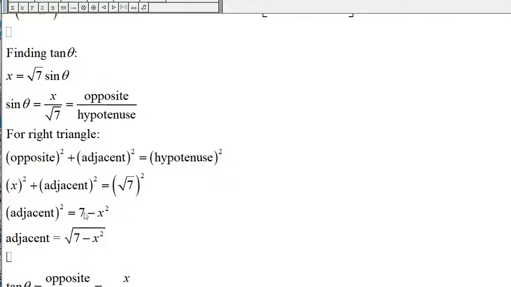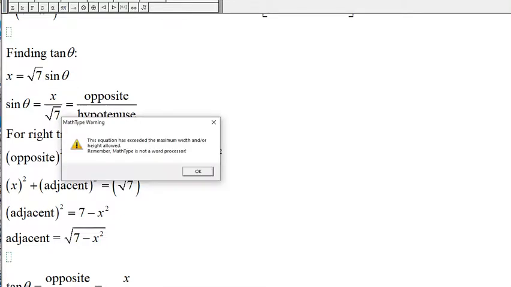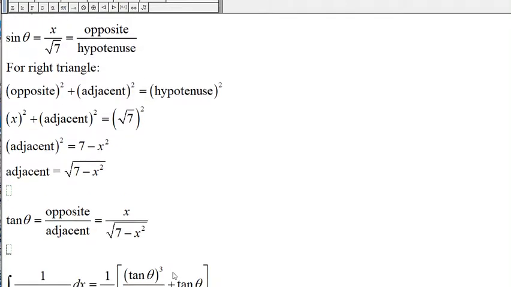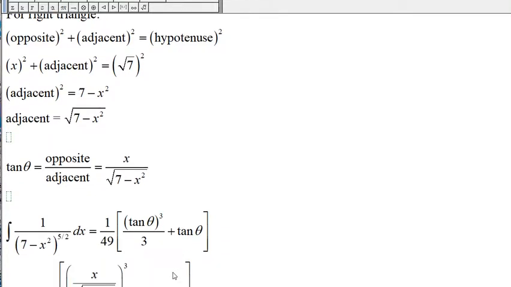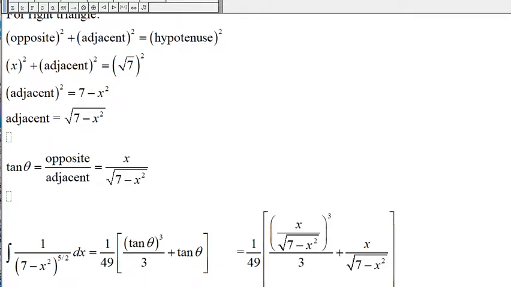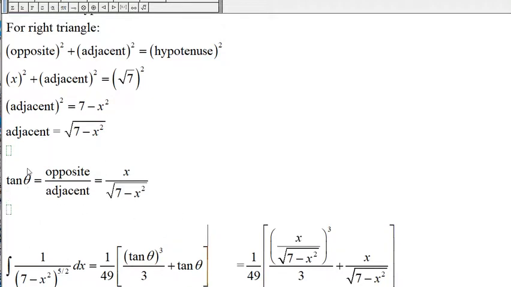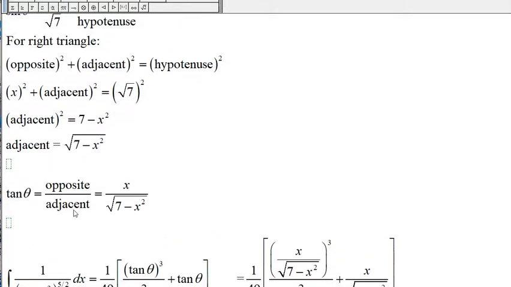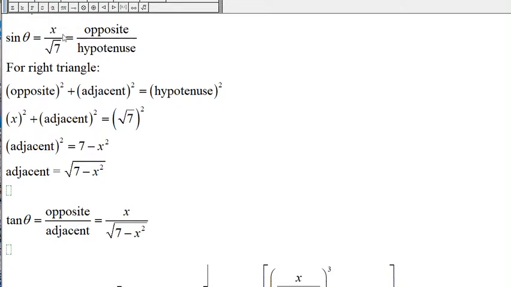And then take the square root of both sides, we get the adjacent side is the square root of 7 minus x squared. Tangent of theta is opposite over adjacent. The opposite side is x. The adjacent side is the square root of 7 minus x squared. So this is tangent of theta in terms of x.